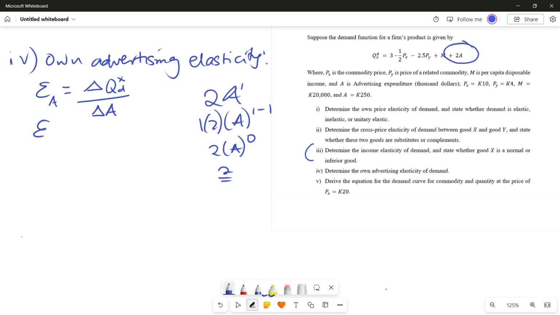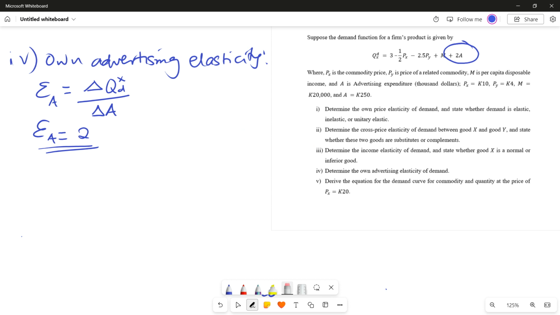So this means that the elasticity of advertising is giving us a 2. Practically this means that the more you advertise, the more people will know about your product and demand will increase. Why? Because the answer there is positive. If the answer was negative, then the conclusion would have been that the more you advertise, actually you find that demand is falling.